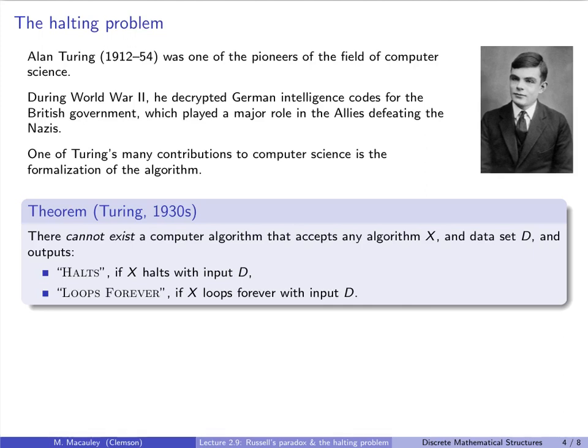And the algorithm will output halts if X halts with input D, and it outputs loops forever if X loops forever with input D. So in other words, there cannot be a program that checks whether some computer program halts.